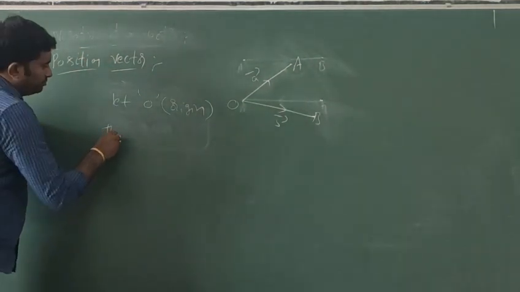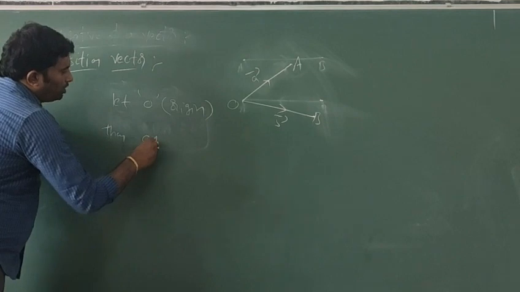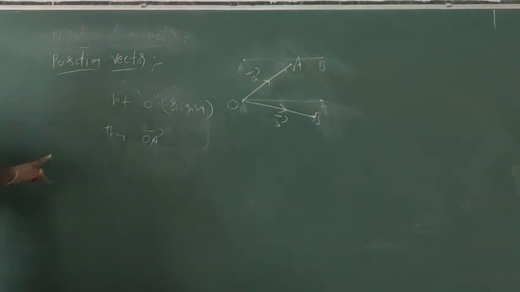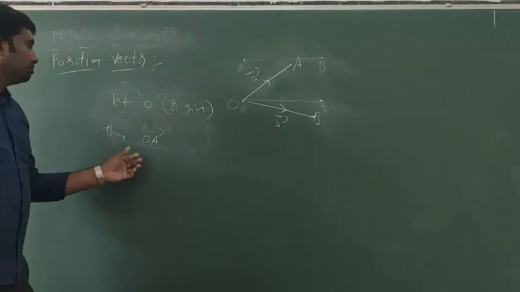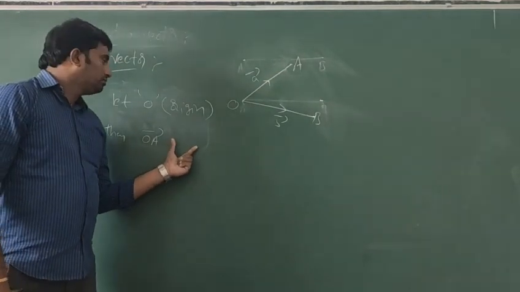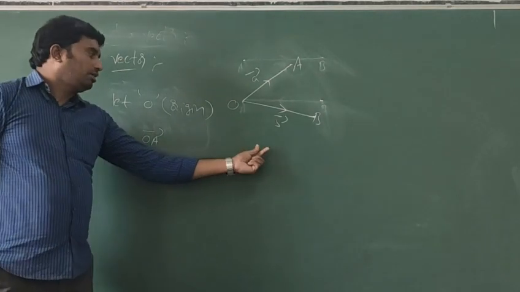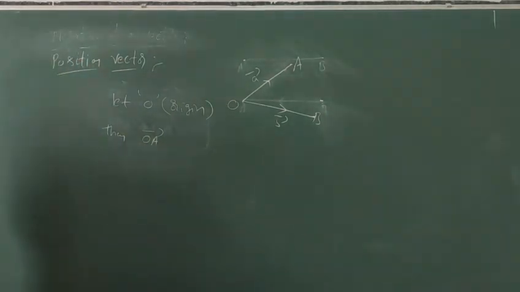Then OA bar, where O is the fixed initial point and A is the terminal, with direction from O to A, is the position vector of the given point A.